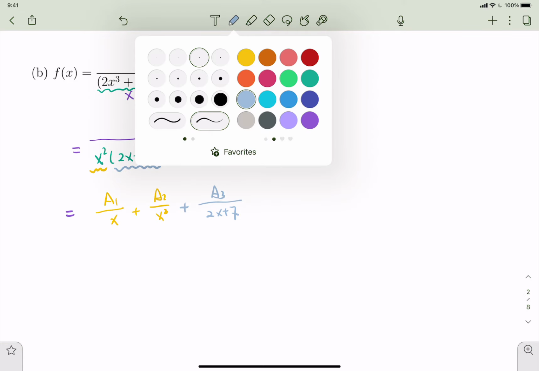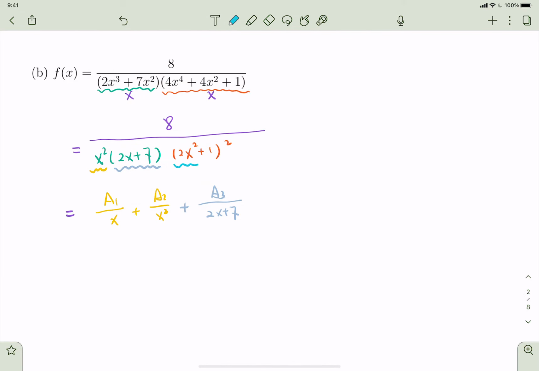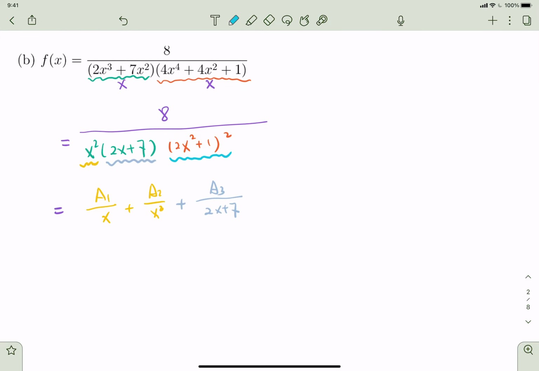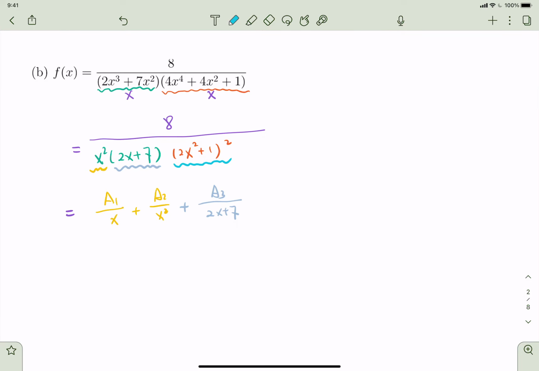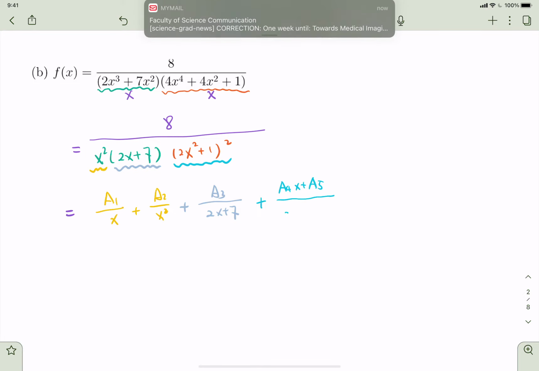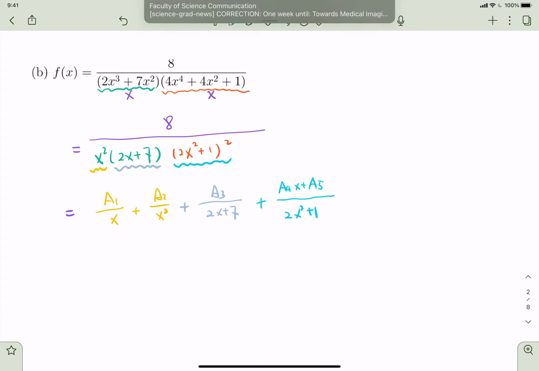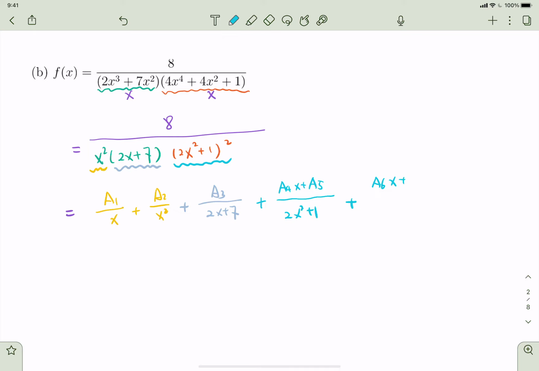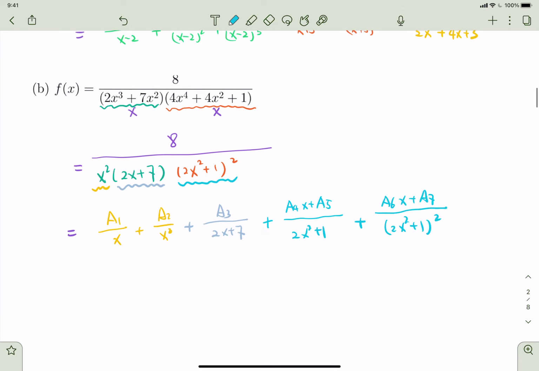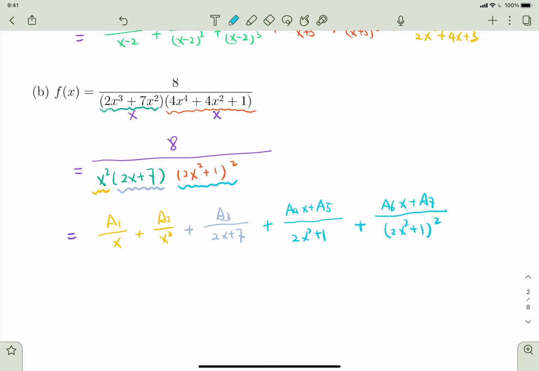And for our third term here, it's a degree 2 polynomial. So we're gonna have a degree 1 polynomial in our numerator. So we have a4x plus a5 divided by 2x squared plus 1, right? And because it has a square, we need to continue with a6x plus a7, right? Continue. And this denominator becomes the square of the previous denominator. And that is how we set up the decomposition.